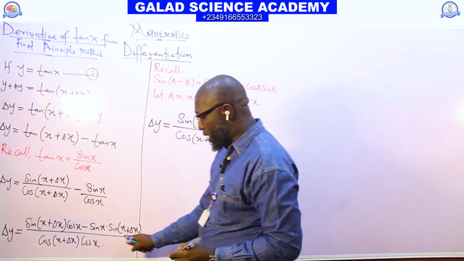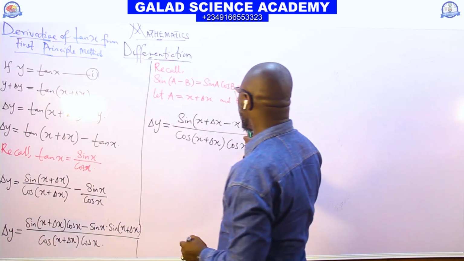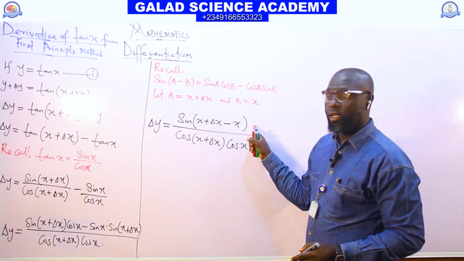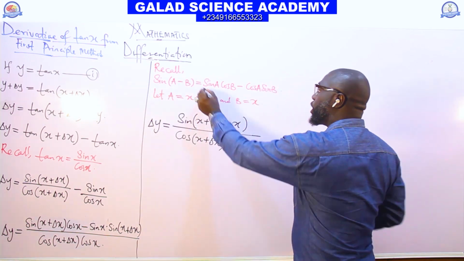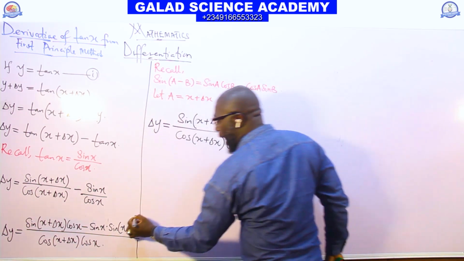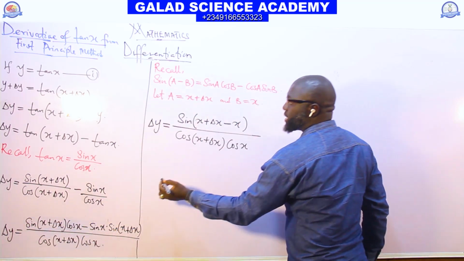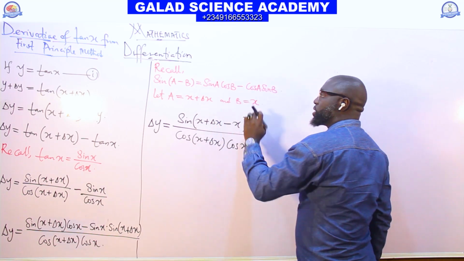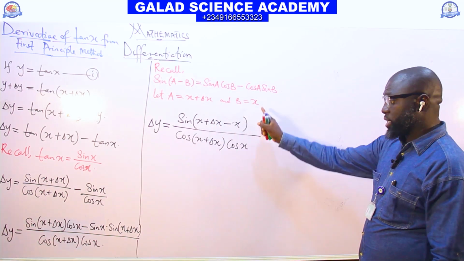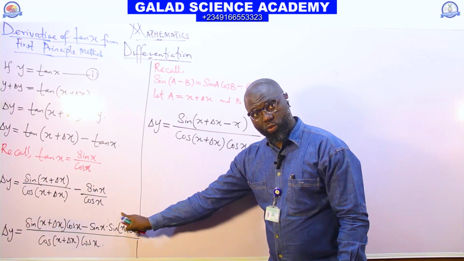Everything we have up here is equal to this, because everything we have here is equal to this. So all this now is this identity, when A is this and B is this. So I simplify this.